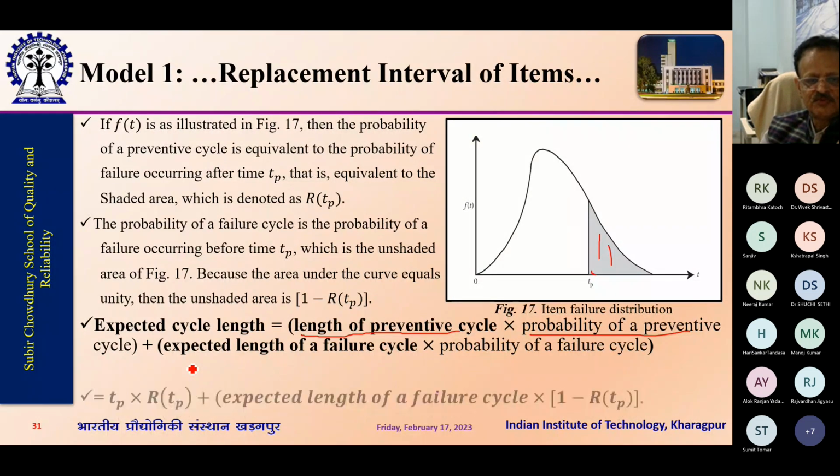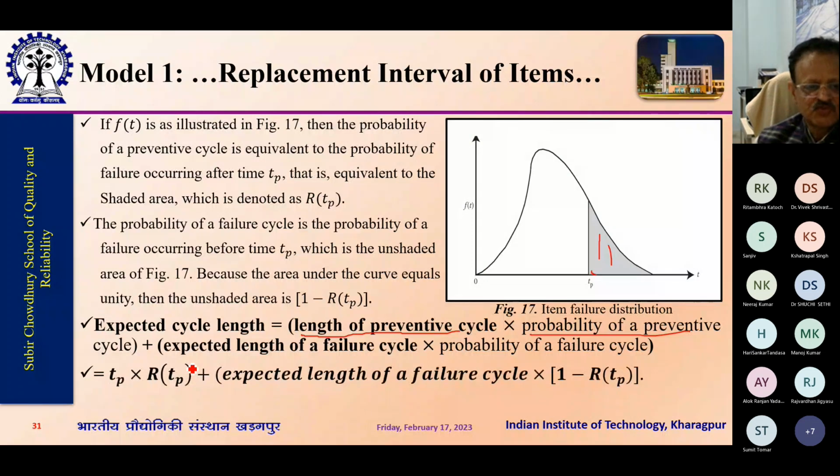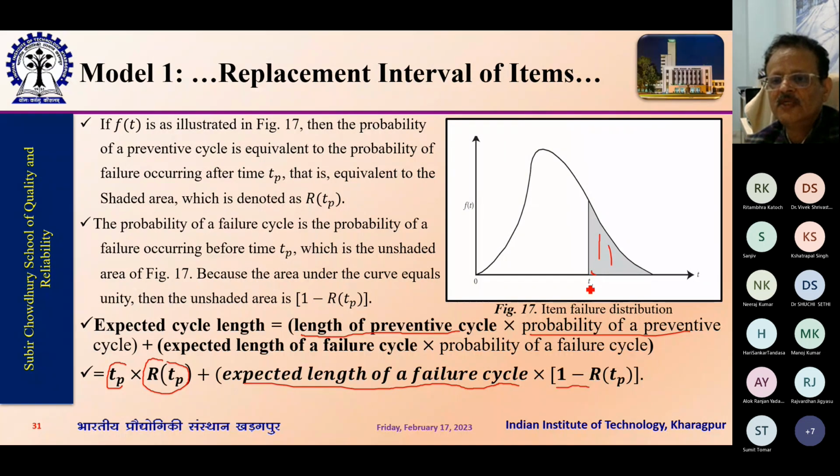So if you write it, first is the good cycle, where no failure has occurred. The probability of occurrence of this is the reliability of the item. Then the expected length of the failure cycle is MTP, as I said, and the probability of its occurrence is the failure on or before this time. This is the region.